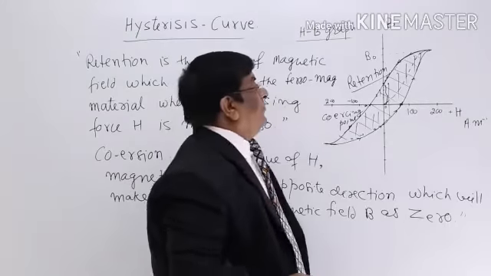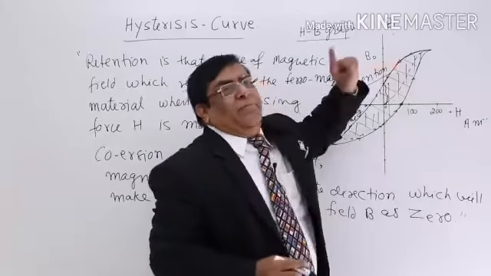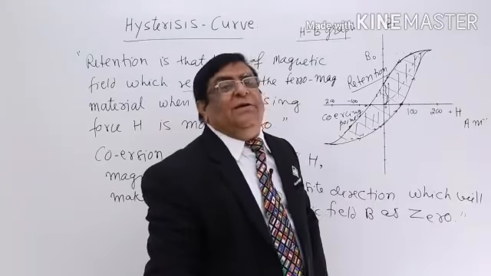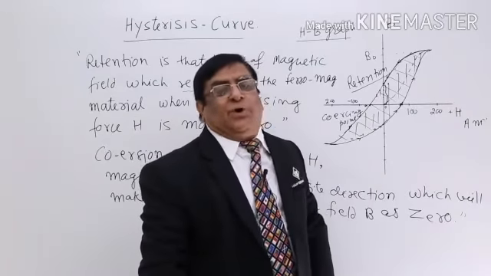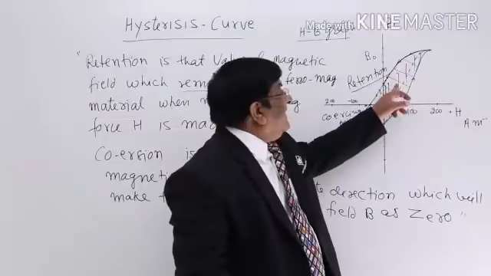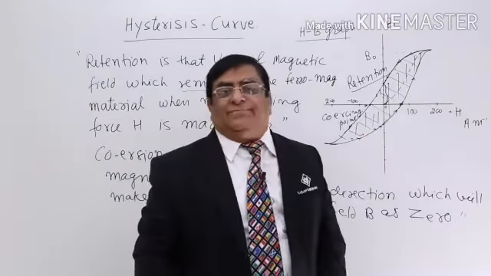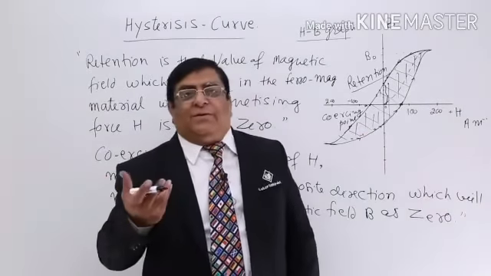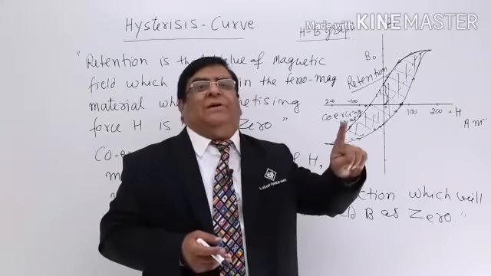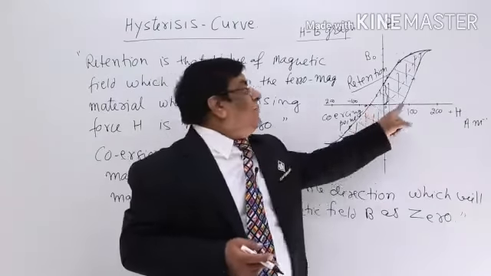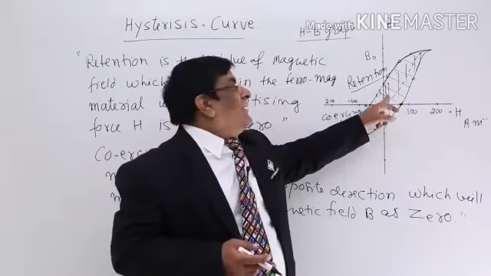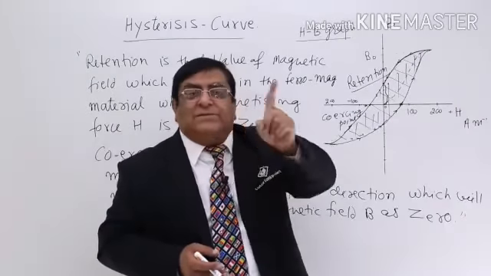Area is length into width, it is H multiplied by B, and when we multiply H and B, it comes to the dimensions of energy or work done. So this area represents the work done. Work done in what? Work done in one process of magnetization and demagnetization, the work done on the domains.